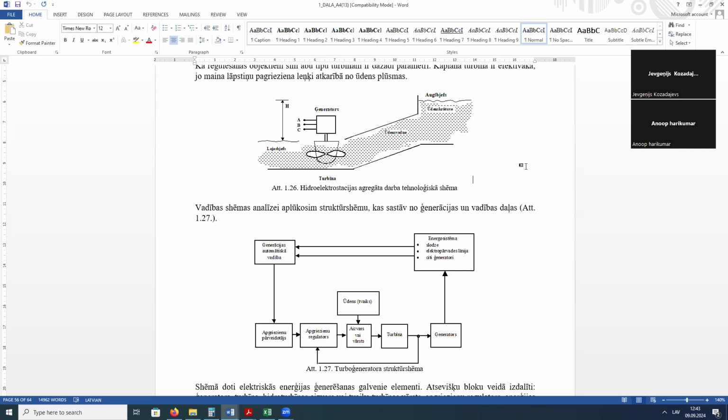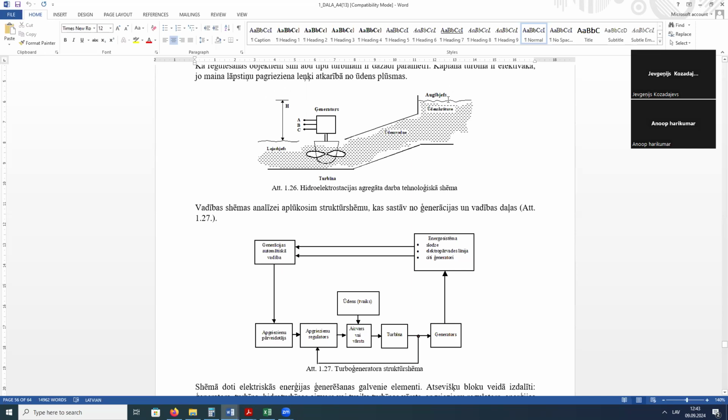So we'll use mainly three units: generation, transmission, and consumption.